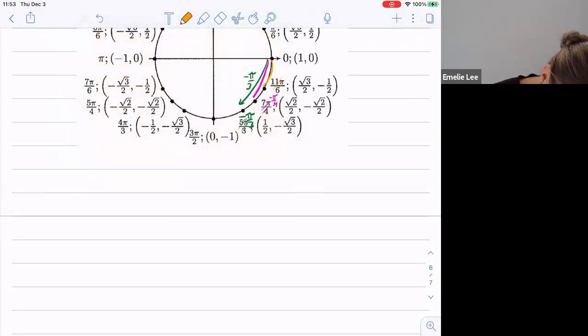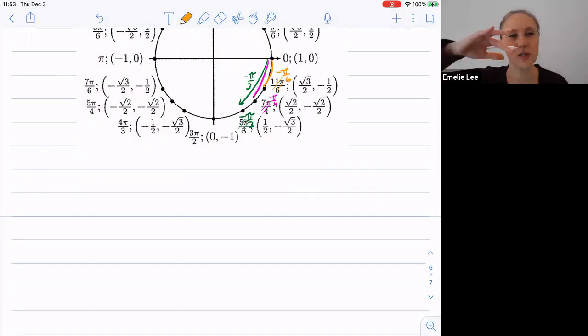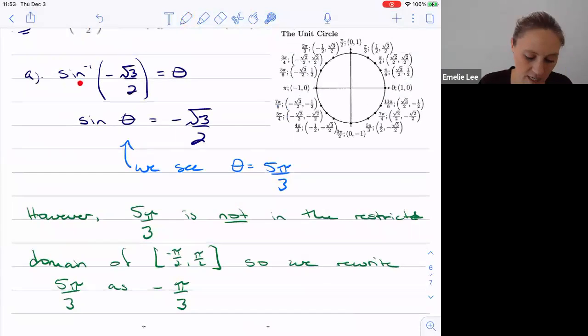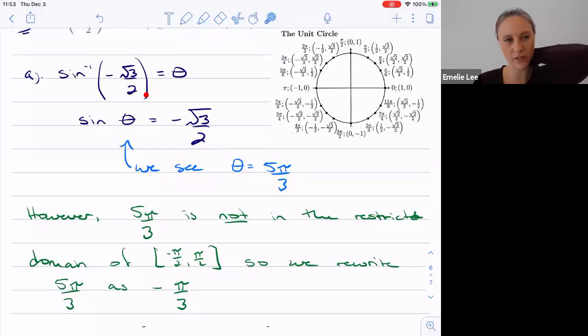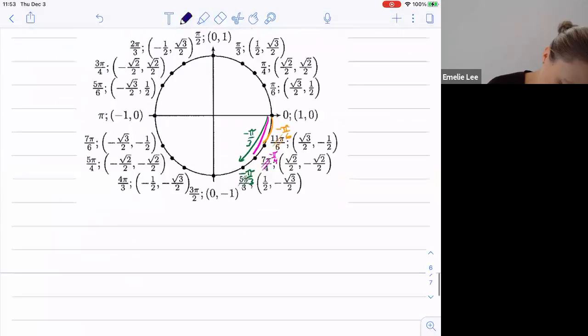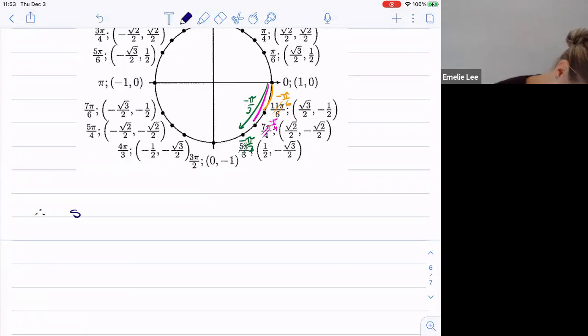Same here. Instead of 11π/6, do -π/6, just moving in the negative direction. Okay. So now we see that the sine inverse of -√3/2 is -π/3.